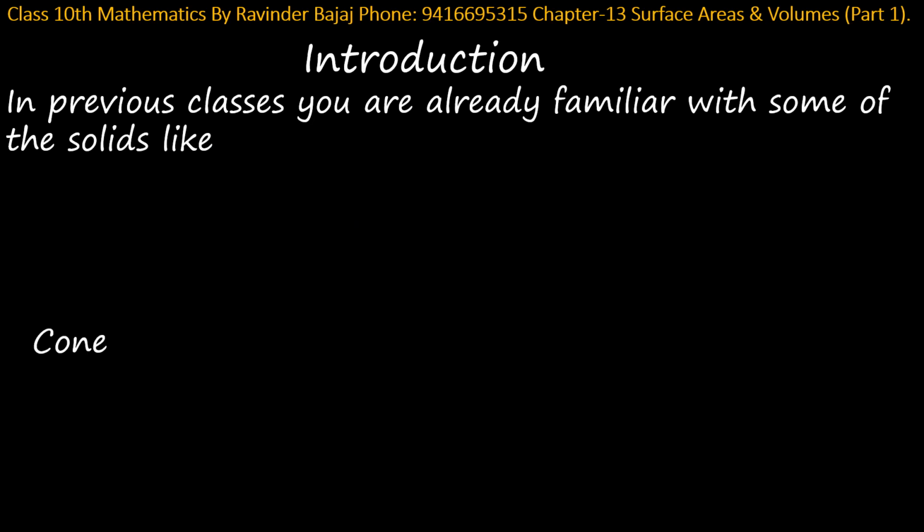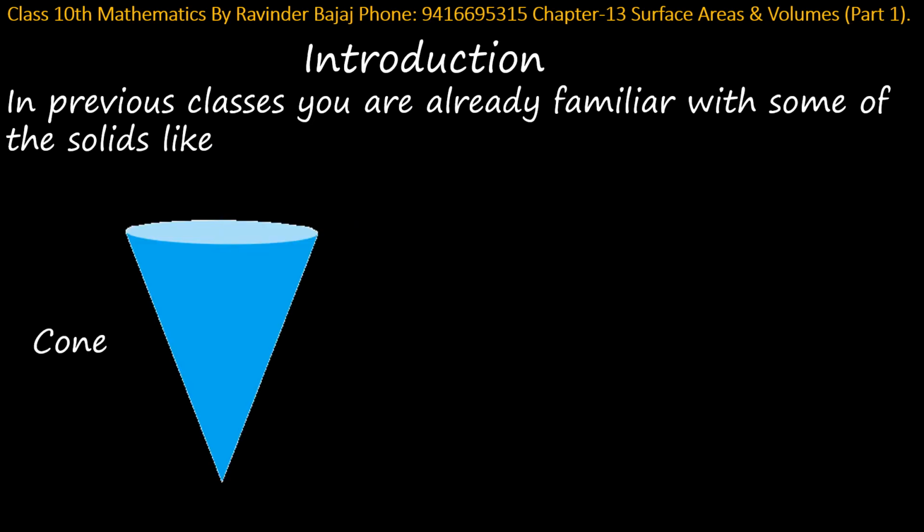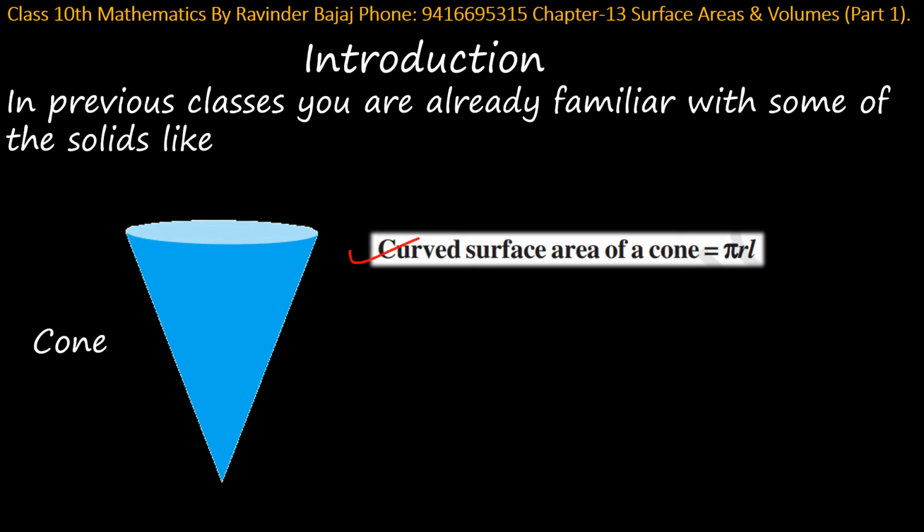One more formula is the volume of the cylinder, which is this. Next shape is the cone. Curved surface area of the cone is pi r l. Here l is the slant height and r is the radius of the circle at the top, and we'll say h is the height of the cone.